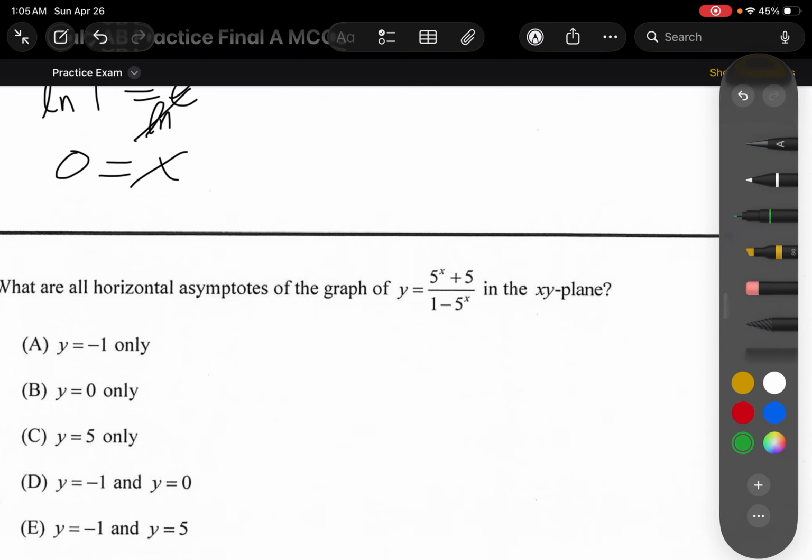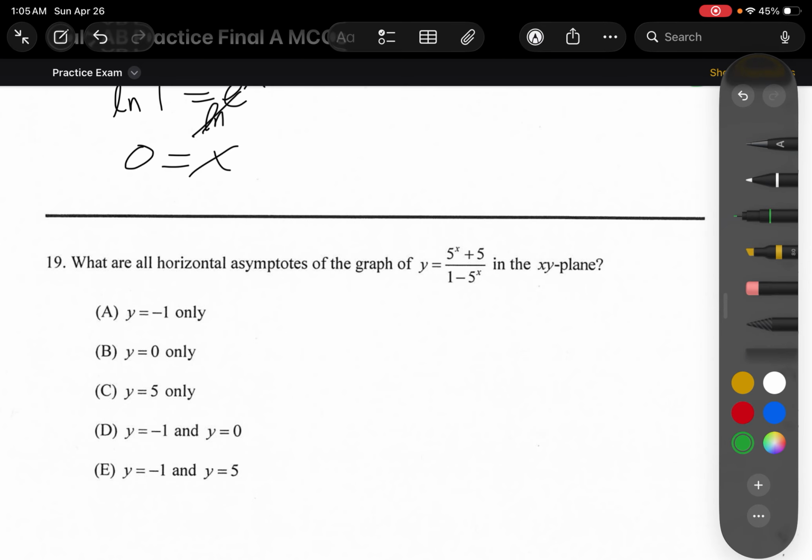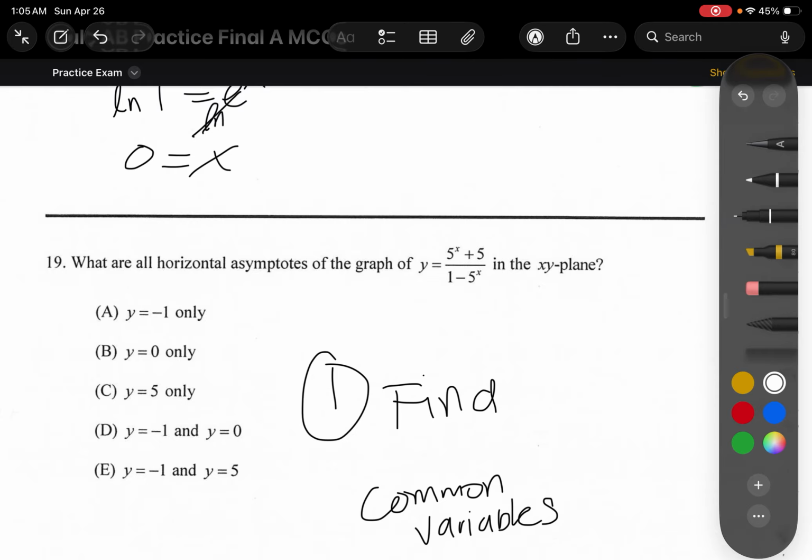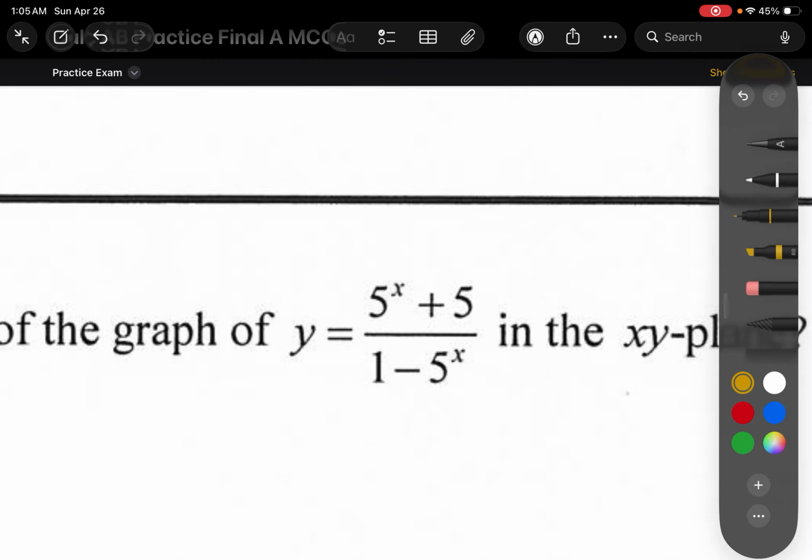What are all horizontal asymptotes of this function here? So basically, to find horizontal asymptotes, find common variables. So we have a 5x and a 5x here.